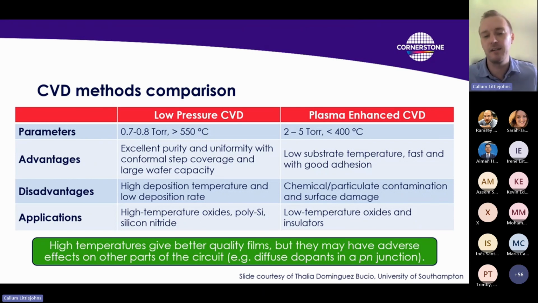So thinking back to the carrier depletion modulator that I talked you through, at the point we come to add the cladding, which is where we'd use a CVD process, we already have lots of dopants in the wafer. If we used a low pressure, high temperature process, all of those dopants would diffuse and you basically just destroy your device. So we need to use a plasma chemistry that can happen at much lower temperatures so that the dopants aren't diffused. The drawback is that we have a lower quality film.